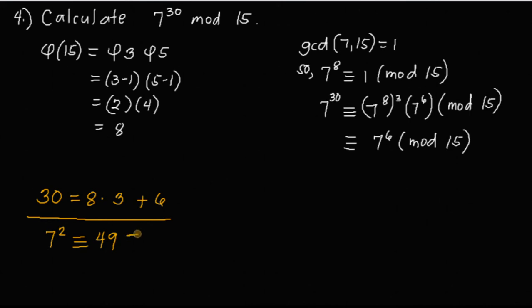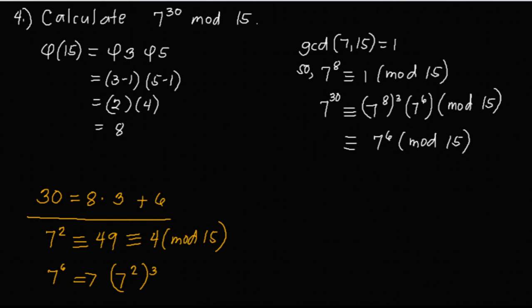And 49, when we divide it by 15, ilan ang matitira? 4. 'Di ba? So, 4 mod 15. So, ibig sabihin, yung 7 raised to 6, pwede natin siyang isulat na 7 raised to 2 and then raised to 3. So, yun yung gagawin natin dito. Okay?